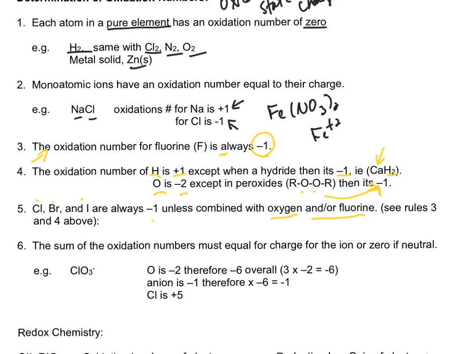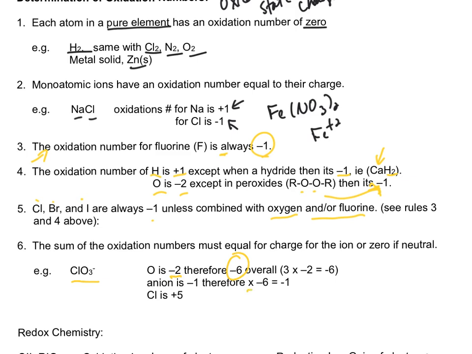And the big thing is that the sum of the oxidation numbers must equal the charge for the ion, or 0 if it's not indicated otherwise. So when you add things together, they should equal the charge that's there. An example of this would be ClO3. If oxygen's -2, and there's 3 of them, which would give you a -6, then we're looking for the oxidation state of chlorine.